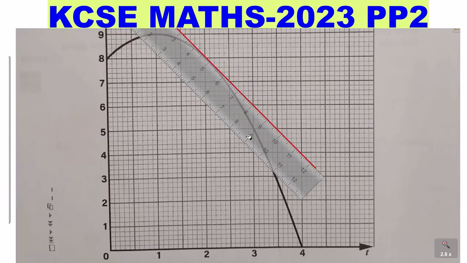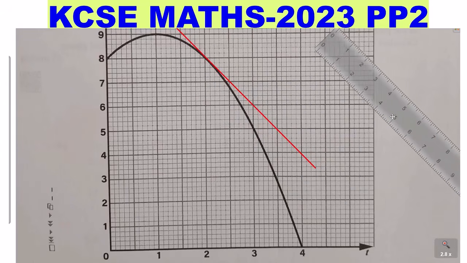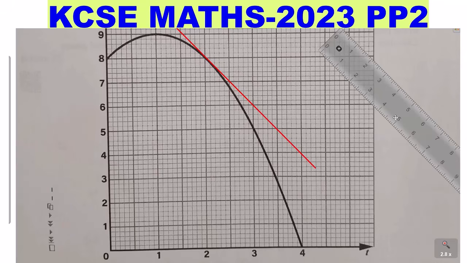So draw the tangent. That is the tangent at t is equal to 2. After doing that, to get the rate of change at t is equal to 2, we get the gradient of that line.